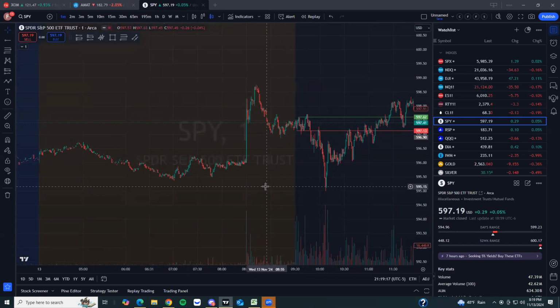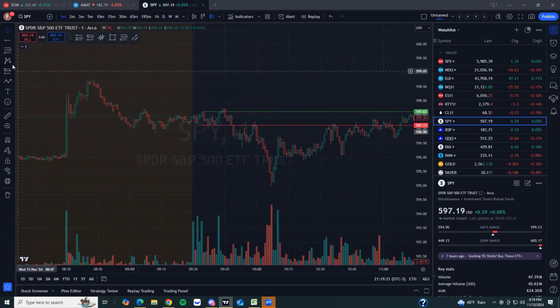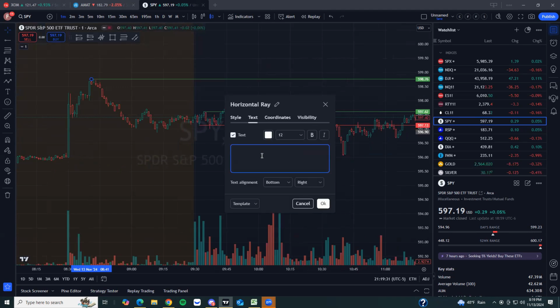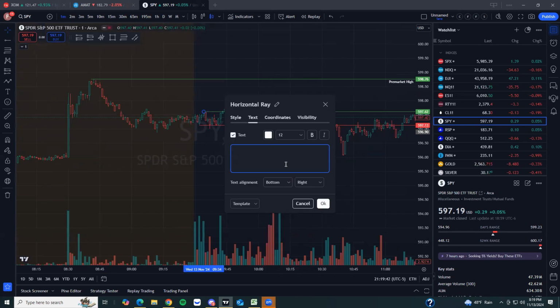All I'm looking for here is similar to the opening range break. I'm looking for the high. Okay, so it's easy for you guys to see. This one.